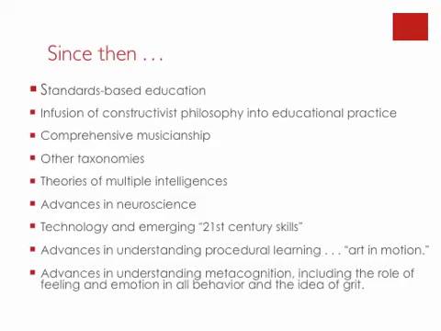There have also been advances in understanding procedural learning and the thought that art is in motion, and the way we learn art and engage in procedural learning is different from the way we engage in cognitive knowledge. And then there have been tremendous advances in understanding metacognition, that is, the way we know about our own knowing, the way we learn to learn. This would include the role of feeling and emotion in all behavior and the idea of grit.